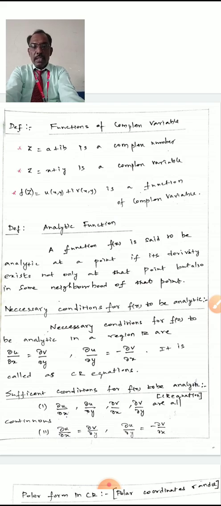Next, z is equal to x plus iy. Here the real part is x, the imaginary part is y, both are variables, so z equal to x plus iy is a complex variable. f of z is equal to u of x comma y plus i into v of x comma y, is called a function of a complex variable.